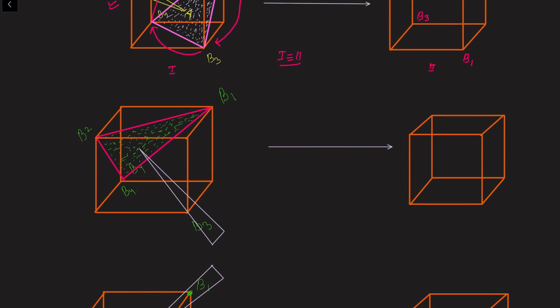Now check, this is your C3, this C3 includes one of the B atoms, which is B3. Now rotate this molecule about this axis at 120 degrees. So in this direction we are rotating the molecule.